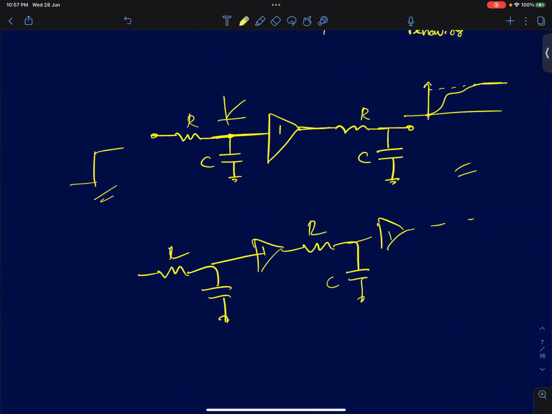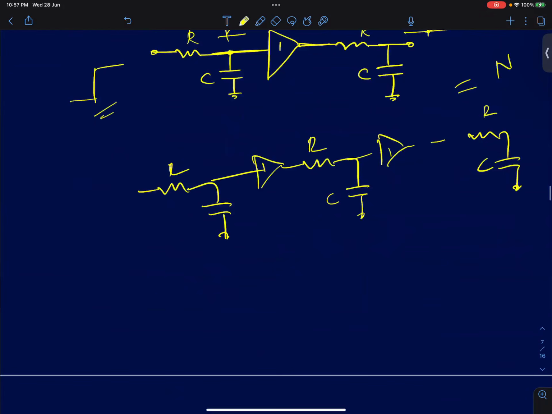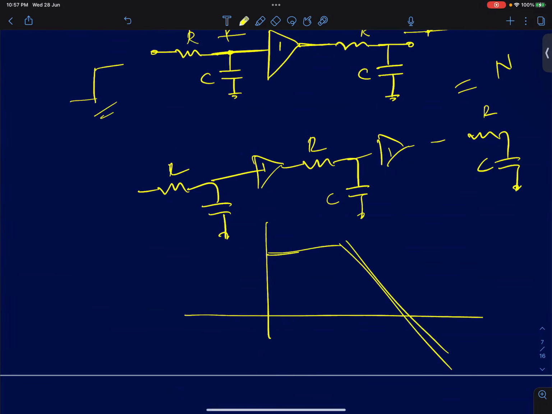Let's say I've cascaded n such sections. Then if I draw the frequency response, it's going to look like this. DC gain is 1. The steady state behavior is going to look like n integrators in cascade. This response is going to be 1 by SRC the whole power n.